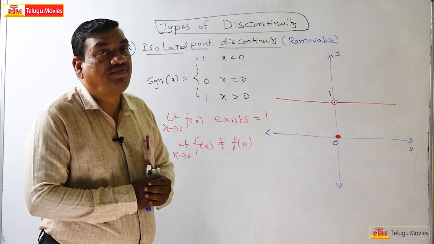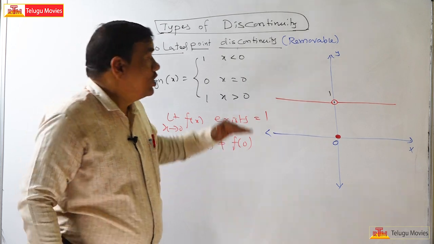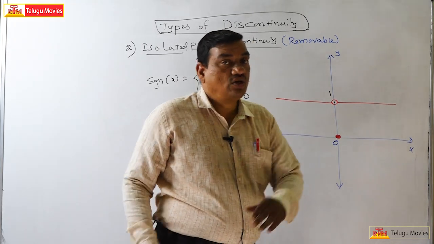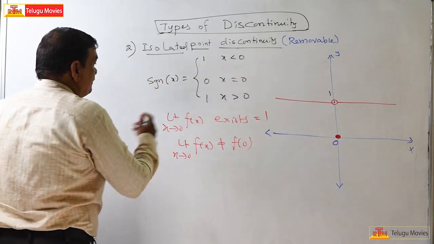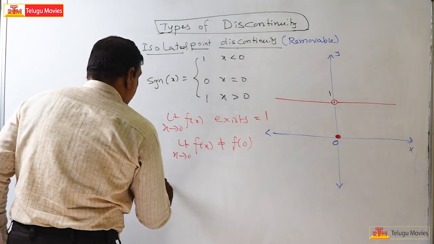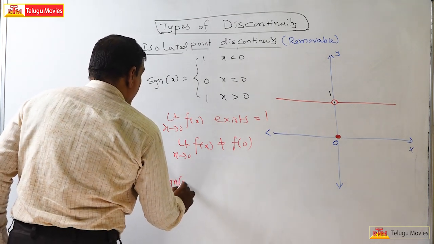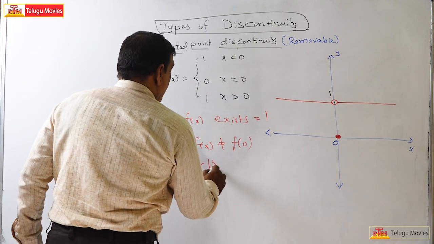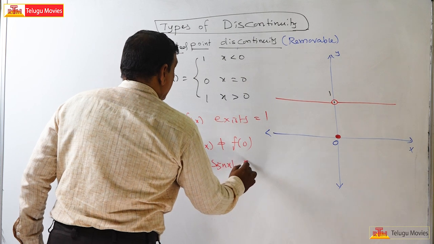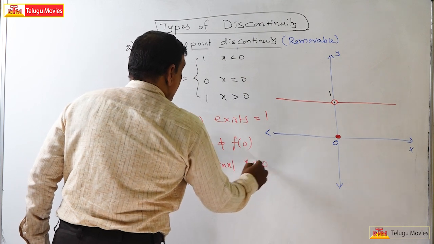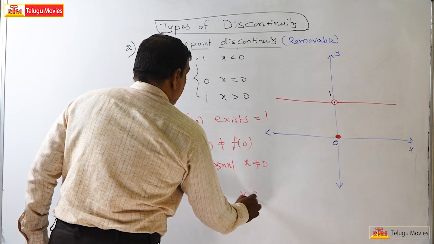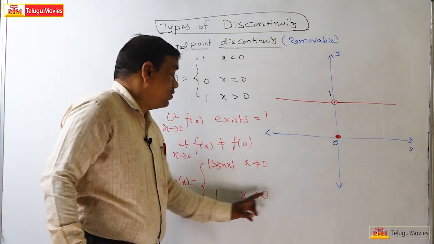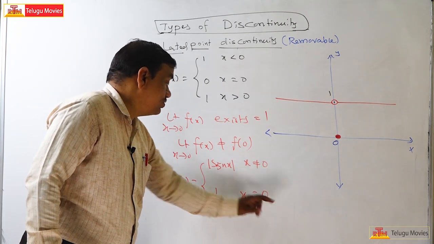Then how do we define this function to make it continuous? Let us define this function like this: f of x is equal to modulus of the signum function of x if x is not equal to 0, and 1 if x is equal to 0.